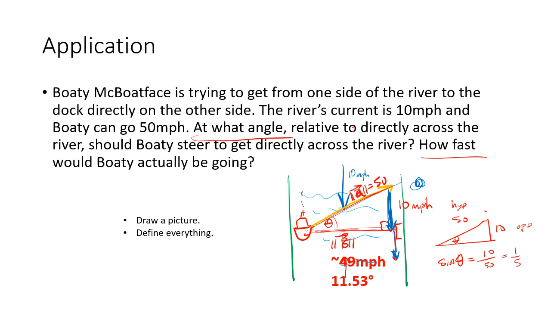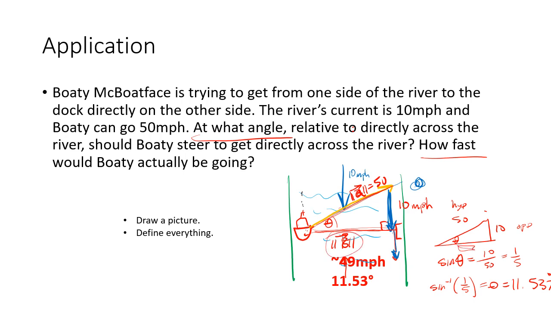So theta is equal to inverse sine of 1/5, which is 11.537 degrees. So that's the angle he would have to set off relative to directly across the river.